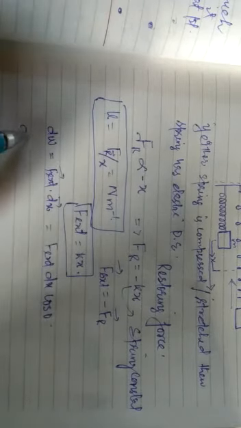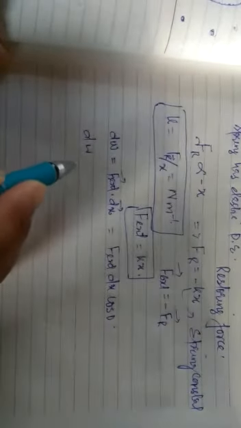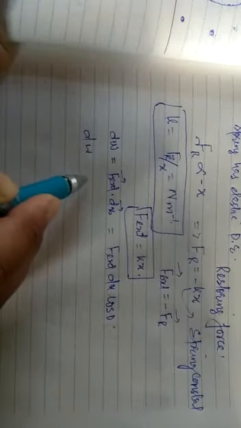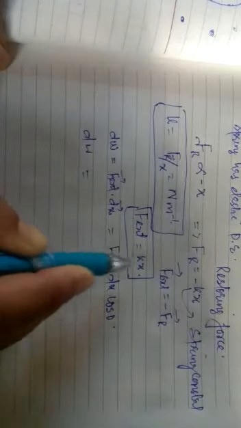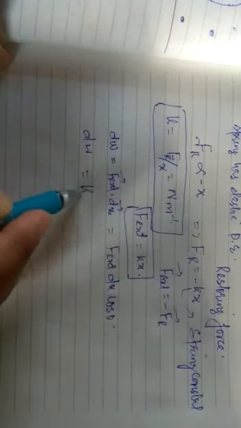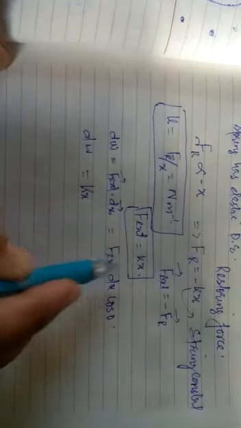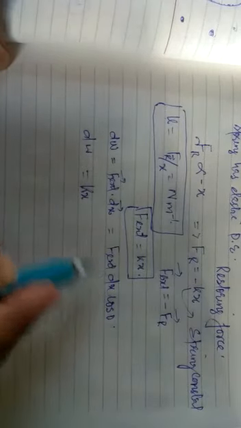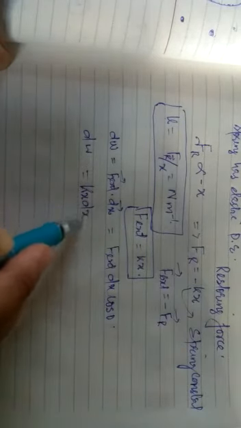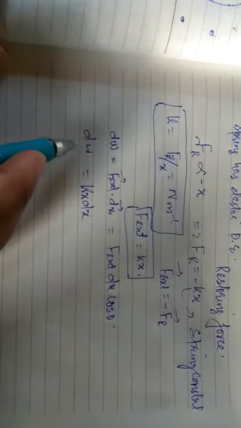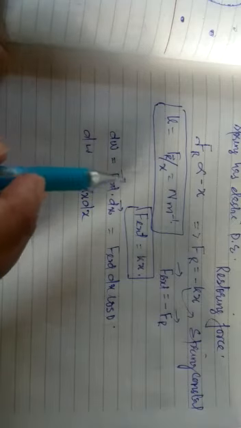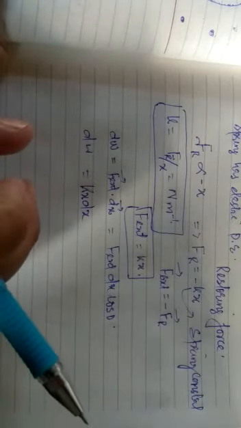Cos 0 is 1, so dW equals F external, that's kx, into dx. This is the small amount of work done when the spring is displaced through a small distance dx.